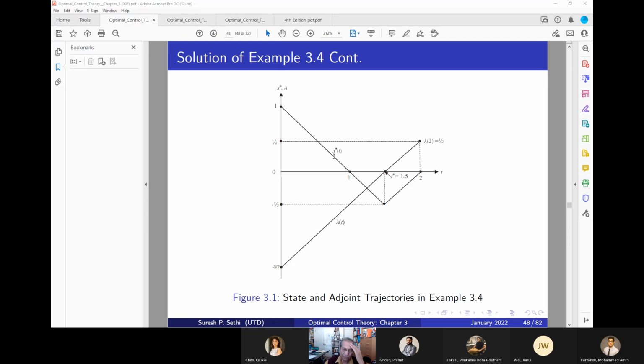I can guess the optimal solution, but guessing is not proving it. So in these cases, you can argue that if I'm an anti-vaxxer, I don't have to prove it. I just give you a solution and you just agree with me that that is an optimal solution. But if you want a proof, the maximum principle gives you the proof. So you can guess first and then prove.